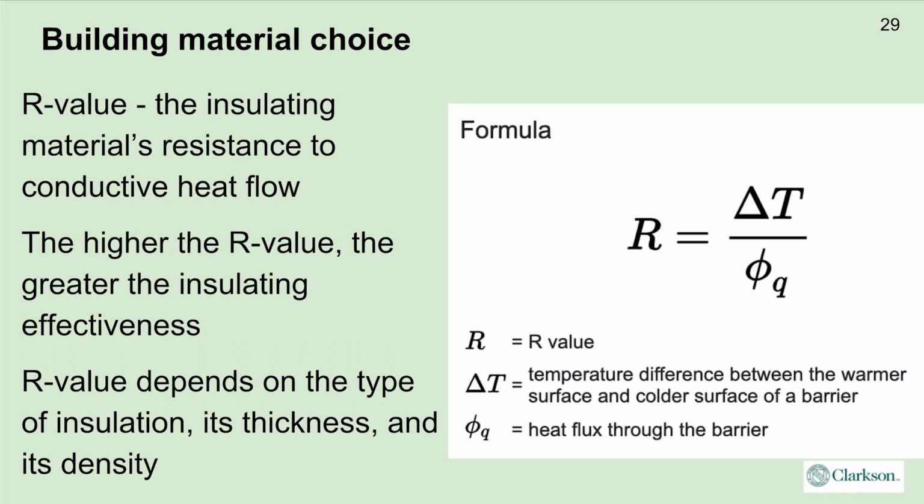The greater the R value, the greater the insulating effectiveness, and that's what I want in a home. So how to calculate an R value just depends on its insulation, its thickness, and its density.